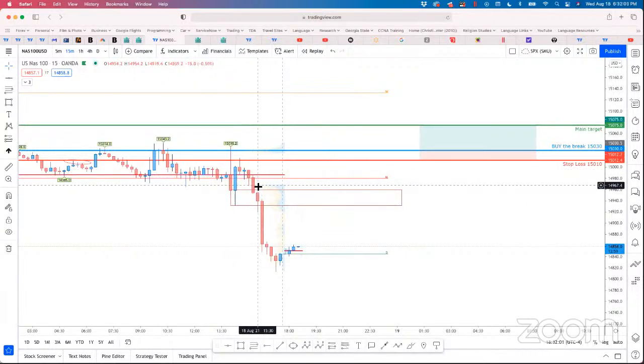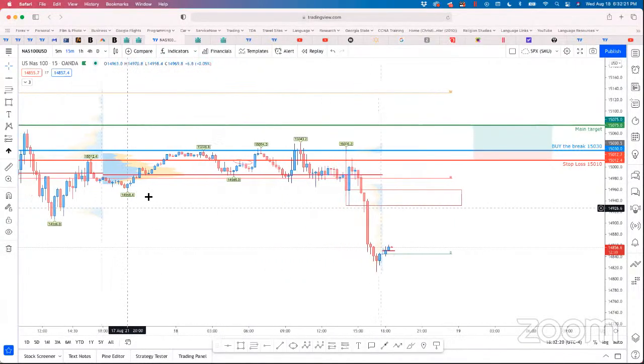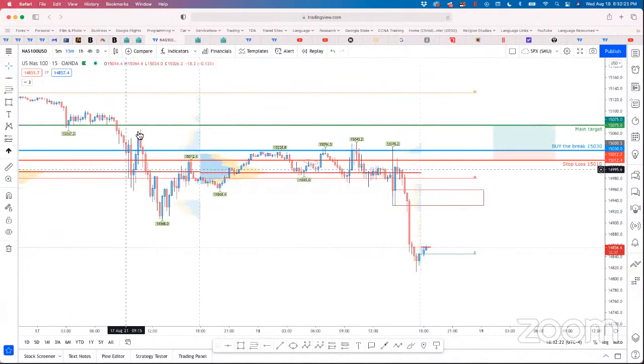So for you to get to this, you have to have the sentiment of the market change. They're gonna have to want to go up from here to get you out of this trade if you're still in it. But you got this barrier right here keeping you from it.